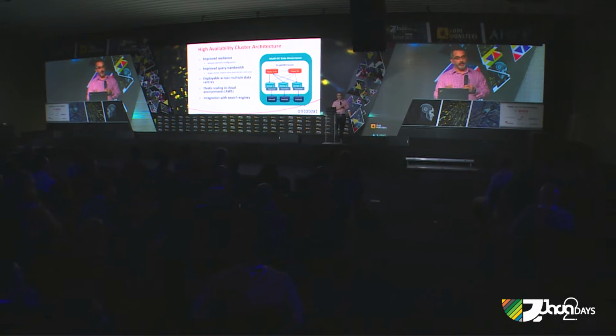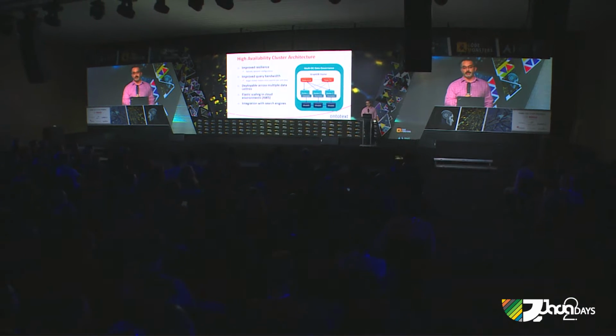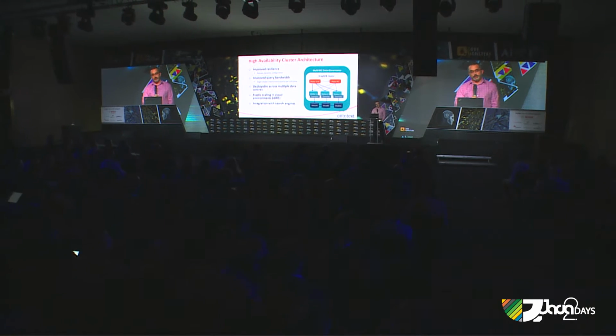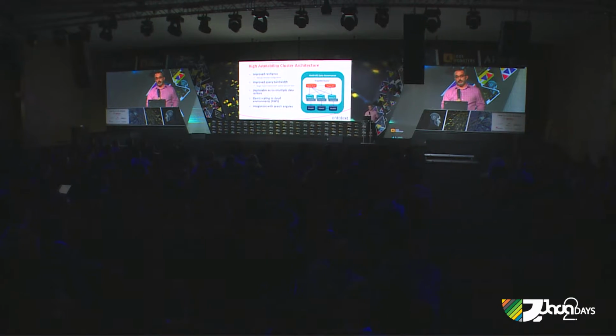To get this right, beyond the AI thinking and data scientists and logicians and cognitive people, you actually need a lot of engineering, so you need everything that you need for an enterprise database engine, like high availability cluster architecture, capability to deploy it in different cloud environments, integration with search engines, and so on and so forth.